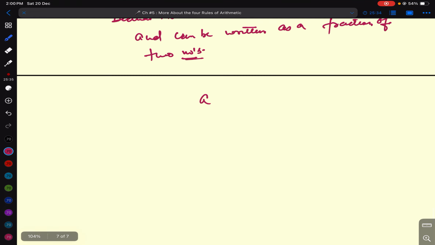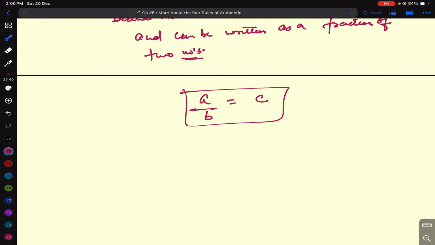So by fraction I mean a over b, which is equal to c. Now what is a here? This is your numerator, this is your denominator, and this is your quotient. Correct?